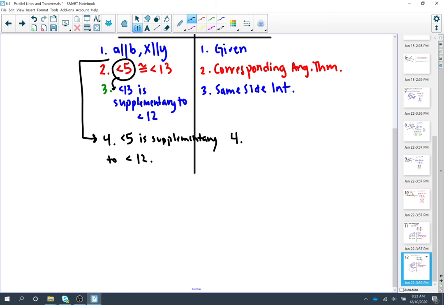Those are 2 different statements, so we can't use the transitive property. So if this isn't the transitive property, what was it? And the answer is it was substitution. Okay, so we substituted, instead of having a 13, because 5 and 13 are the same thing, we substituted 5 in for the 13 in this statement.